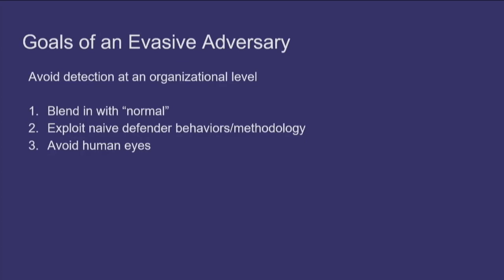This can be accomplished by blending in with normal, by exploiting defender biases when they're writing detection rules, and in general, just avoiding human eyes altogether. So if we can subvert the detection tools or data sources, then we will be successful as an evasive adversary.